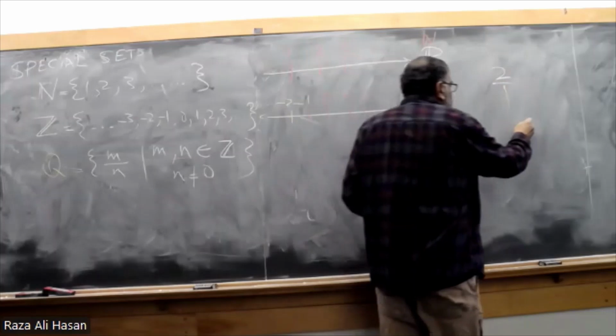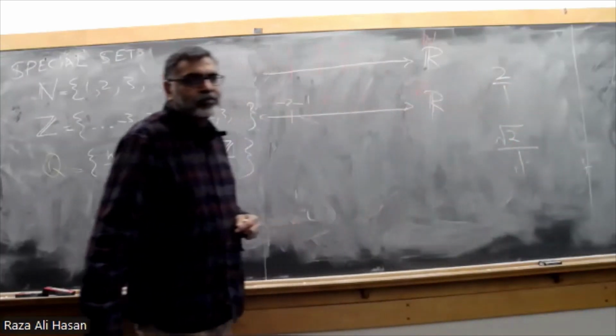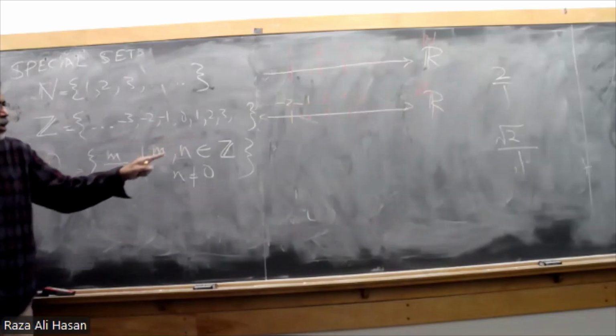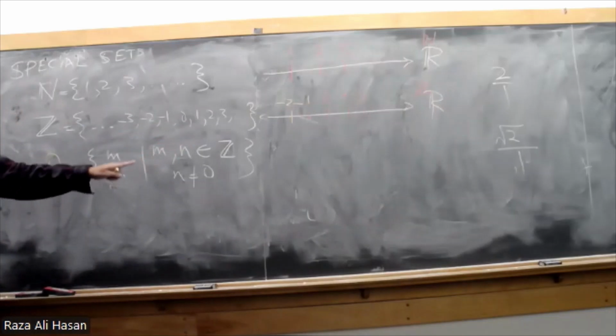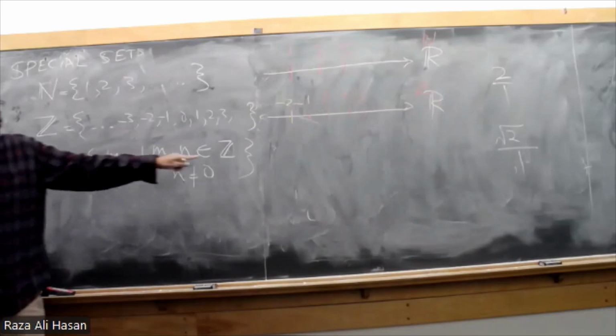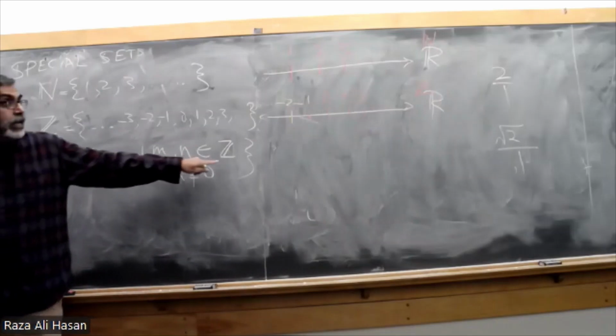So, is this a rational number? And what part of the definition of rational numbers does that fraction break? The definition of rational number says that any number that we put in the numerator better be an integer. Any number that we put in the denominator better be an integer.